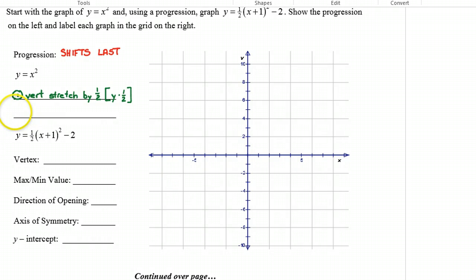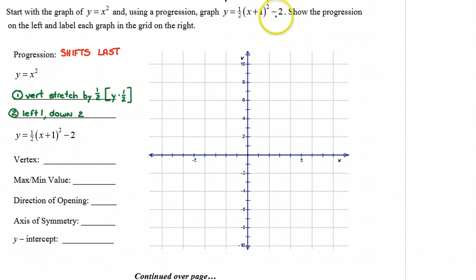The second transformation, and I typically group these two together, are our shifts. So I see I'm going to shift left 1 and down 2. So remember, in x plus 1, this plus 1 is what tells us about our horizontal shift. So plus means to the left. Remember, it lies.